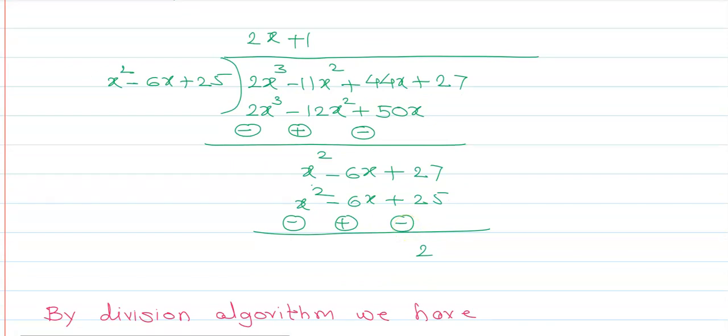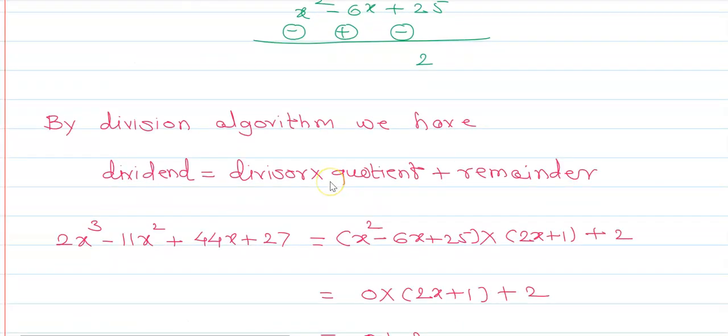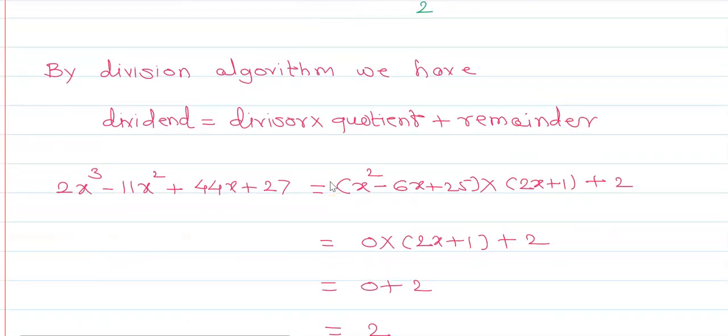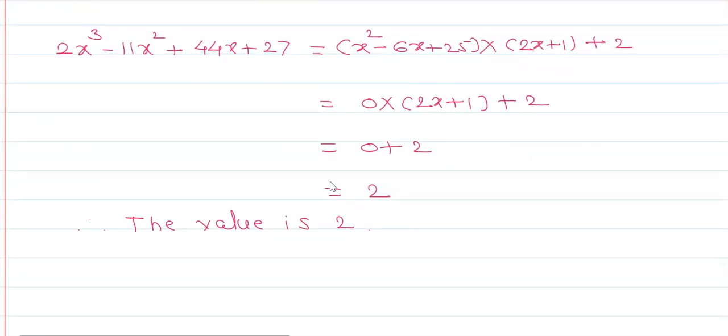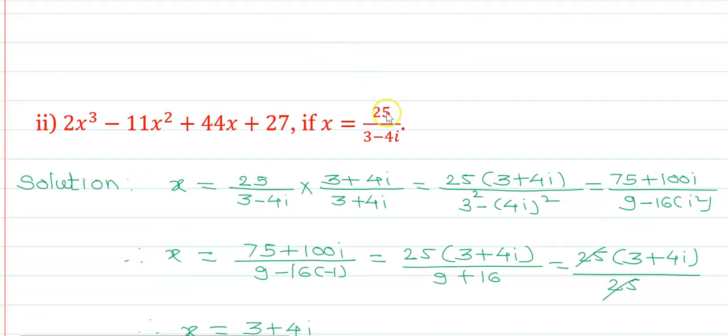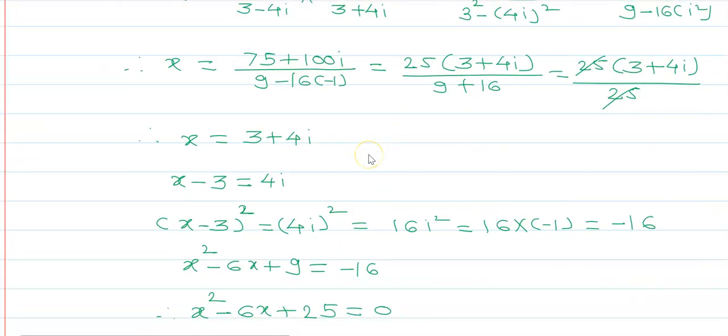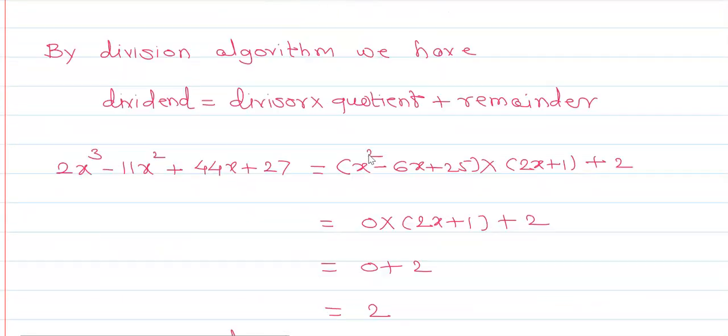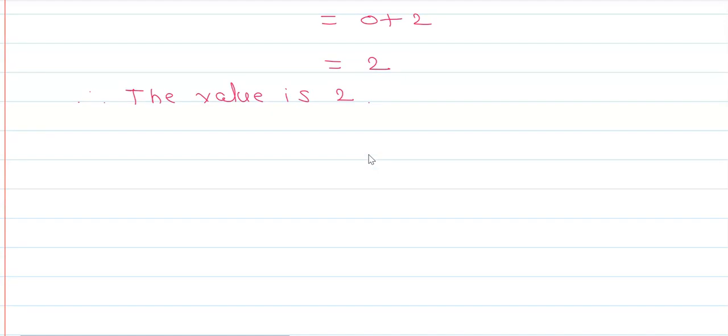Divide it. Quotient is 2x plus 1. By the algorithm, substitute the value, and hence you are getting the value of that polynomial is 7 when x is equals to 25 upon 3 minus 4i. And in this way, I have completed the first exercise.